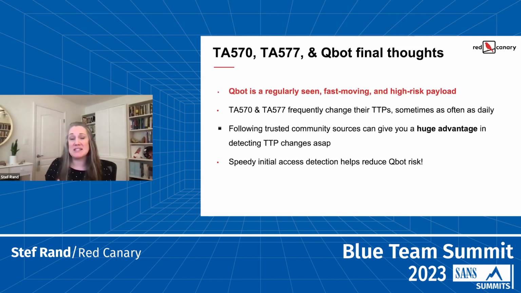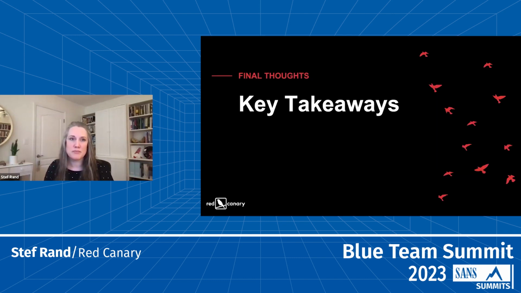You've got to keep in mind that TA570 and TA577 frequently change their TTPs, as often as daily sometimes, especially in the middle of big campaigns. But if you follow trusted community sources, you get a huge advantage in being able to stay out in front of this from a detection perspective. And that speedy initial access detection really helps reduce Qbot risk, which is fantastic and is our goal.